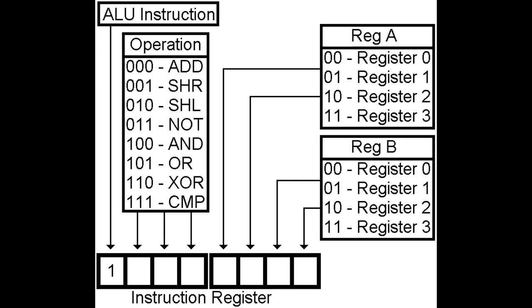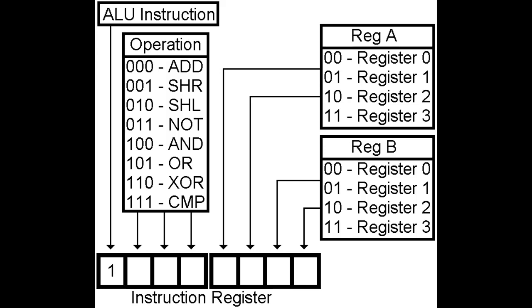So this diagram here shows in more detail how to construct an ALU instruction. The first bit of an ALU instruction is 1. The next 3 bits correspond to the ALU operation that we want to perform, so these will be hooked up to the operation signals for the ALU.